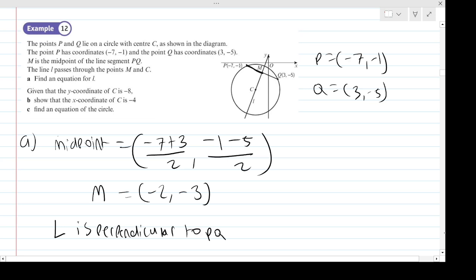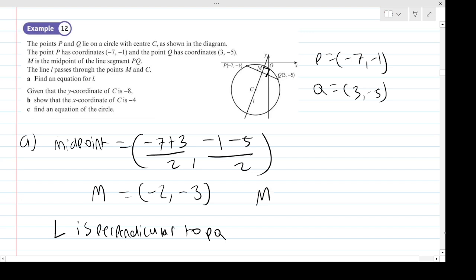This line PQ here is a chord, a line in the circle. The line going through the middle and through the centre must be a perpendicular bisector, as every perpendicular bisector goes through the middle of a chord and through the centre. So we know it's perpendicular to the line PQ.